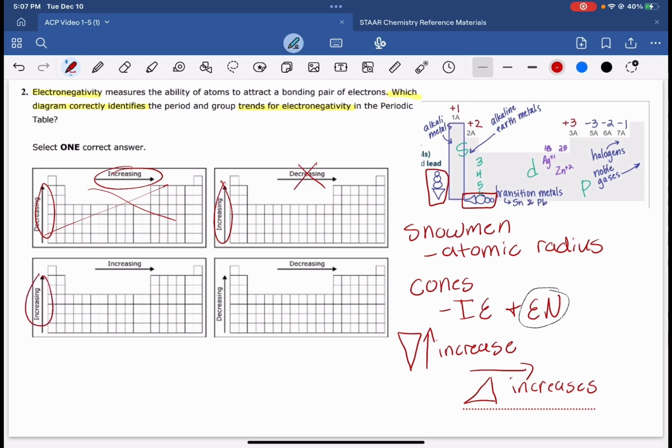This one says increasing and increasing, which, if we look back right here where we wrote down our notes from the periodic table, both of them are increasing. So we're going to leave that answer choice because it could possibly be correct. And then we're going to look at the last choice. It says decreasing and decreasing. Neither of those are correct. They would have to be going in the opposite direction to be labeled decreasing. So in this case, we know that the highlighted one is going to be our answer choice.